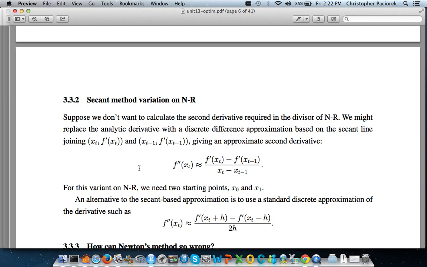This is just a finite difference estimate, and use that as my estimate of the second derivative, instead of calculating this de novo as another calculation. So there are lots of tricks like this that we're going to see, particularly in multivariate optimization, where we don't exactly calculate what this second derivative is. Instead, we plug in something reasonably close to that in the hopes of saving some computation by using an approximation.